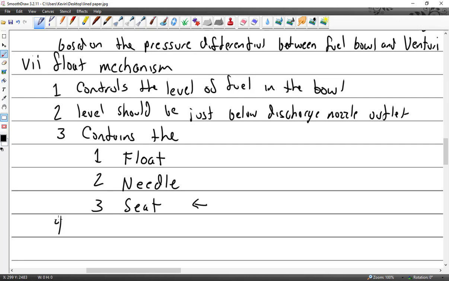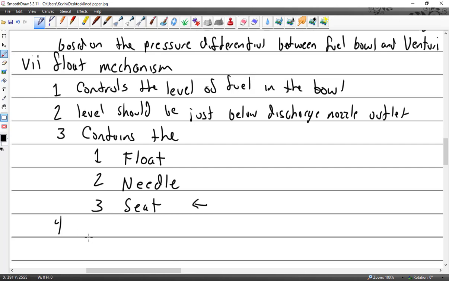What is the needle made of? Steel. It has some kind of plastic or something around it. Do you have a little black on the end? Okay, that's the rubber, and that's what I was saying. They've changed those now to all steel, so it's steel on steel. The seat's a little brass, so it doesn't seal well.